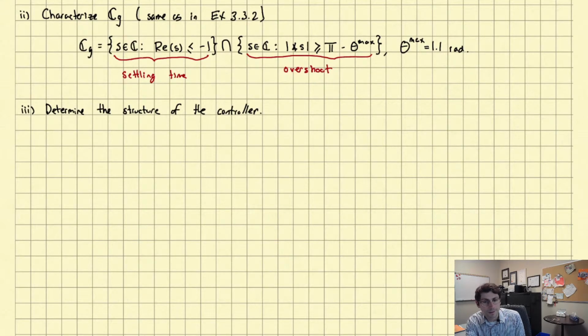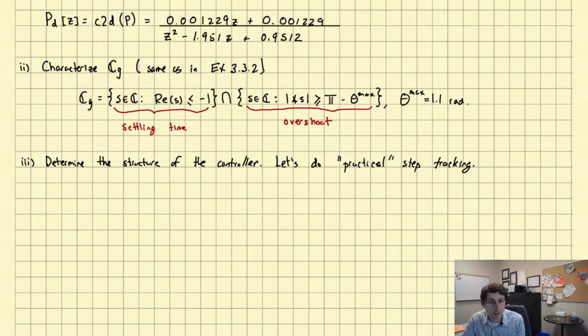All right. This example, we're doing it in the section on practical step tracking, so I'm going to do practical step tracking. Okay, and so what does that mean? Well, there's our plant above, the discretized plant, second order. So we're going to pick the controller to be the same order as the plant, right? This is going to give us those extra tuning knobs that we can use to simultaneously place the poles while also setting the steady state gain of the controller and meeting the tracking specification.